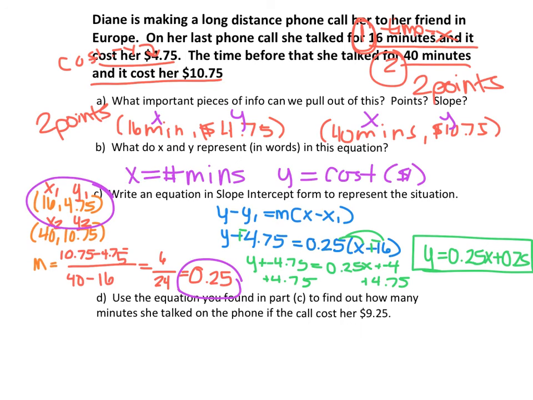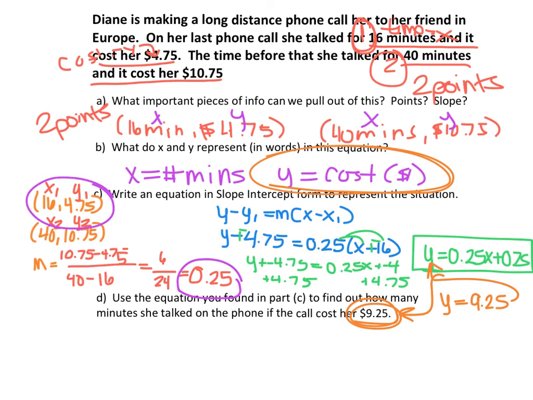So now I'm going to utilize this equation to make a prediction down below. So here if I read through, it says use the equation you found in part C to find how many minutes she talked on the phone if her call cost $9.25. When I look back up above, cost is y, so this is telling me y is equal to 9.25, and I need to find my x value, which is how many minutes I was on the phone. So from here, we take 9.25 and we substitute it into the equation.